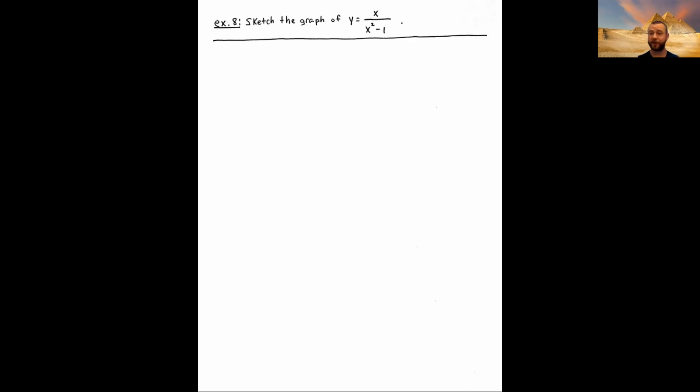When you create your sine charts for this example, keep in mind the domain of this function, which is not all real numbers. So you'll have to use the domain within the sine charts of first and second derivative. Pause the video, give yourself an attempt at this. You're going to want to use the quotient rule to find the first and second derivatives, which hopefully isn't too much work. We'll check in a few minutes.